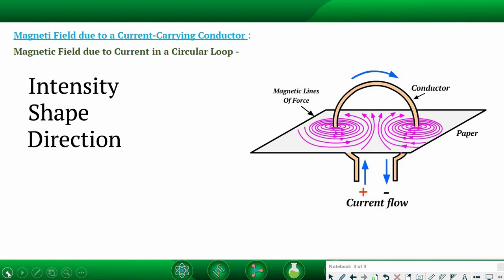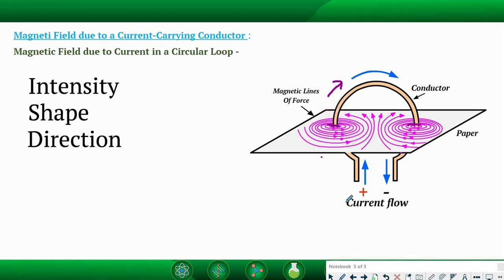And now about the direction of the magnetic field. Here you can see in this picture there is a current carrying conductor in which the current is going in the clockwise direction. Now we take 2 points. At this point the current is going upward. According to the right hand thumb rule, we will get the magnetic field lines in the anti-clockwise direction, right?